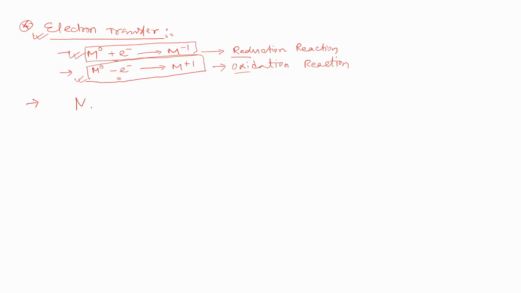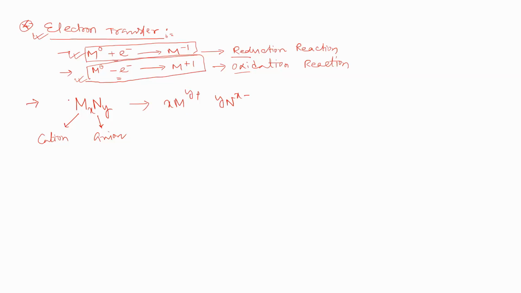Like this is MxNy, this is the metal salt, where M is the cation and N the anion. So how can we write this metal salt in terms of cations and the anion? That will be like that: xM^y+ plus yN^x-.